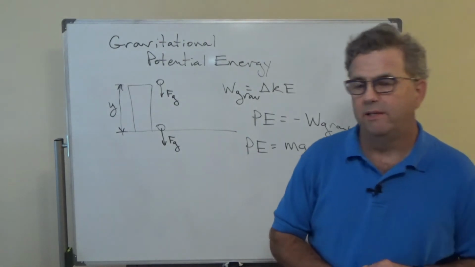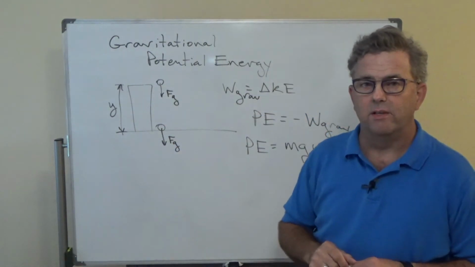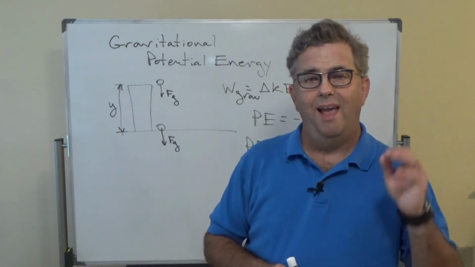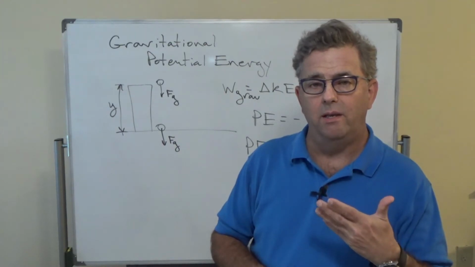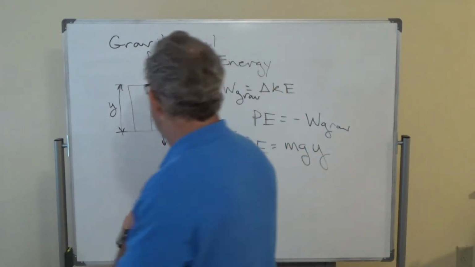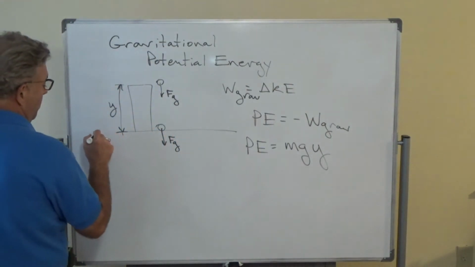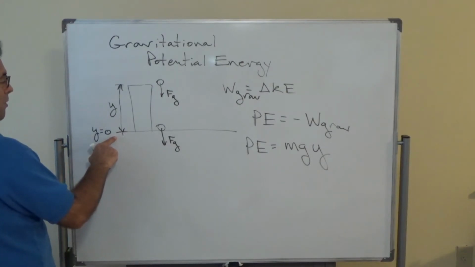It's going to be simply where you are in this gravitational field. And our zero potential energy point can be wherever we choose. Okay? I could choose y equals 0. This would be the easiest place. Y equals 0 here.